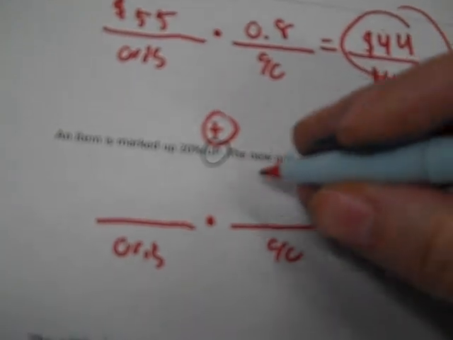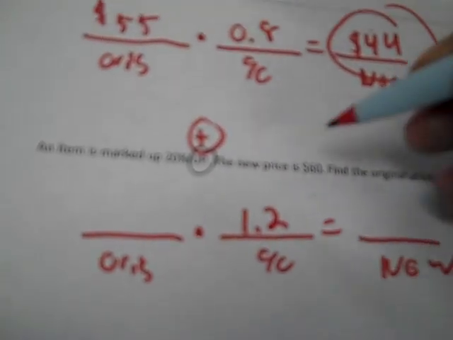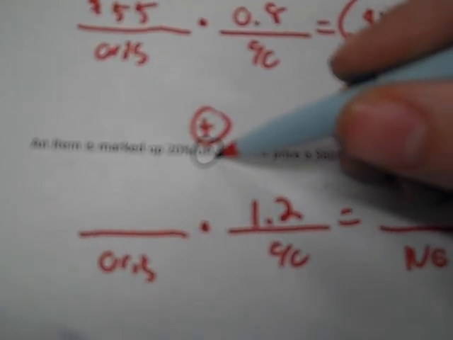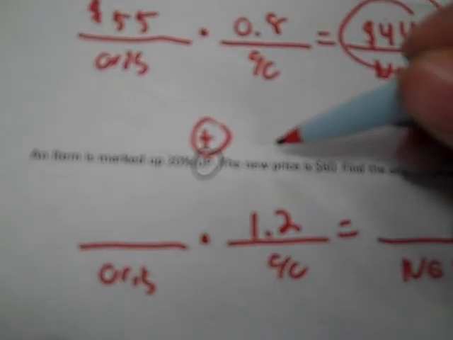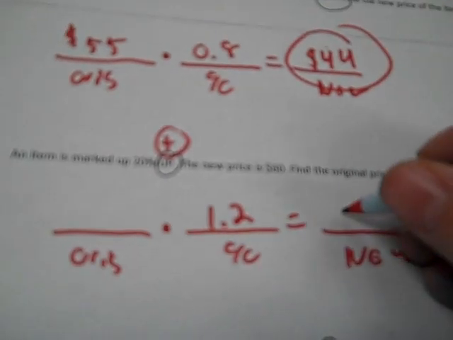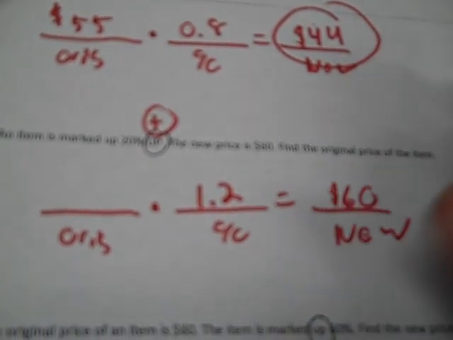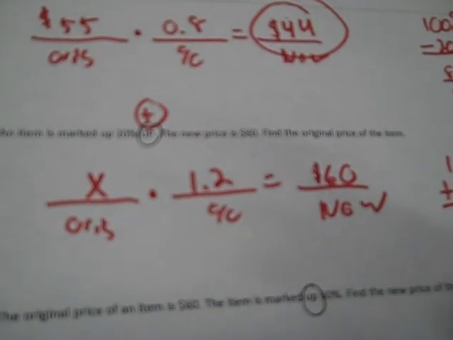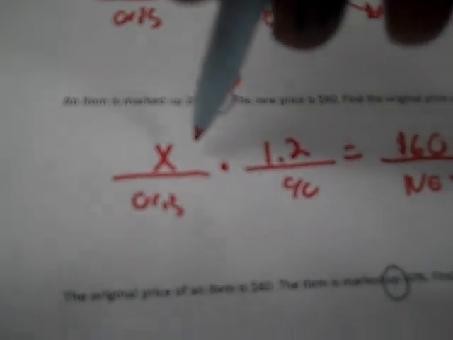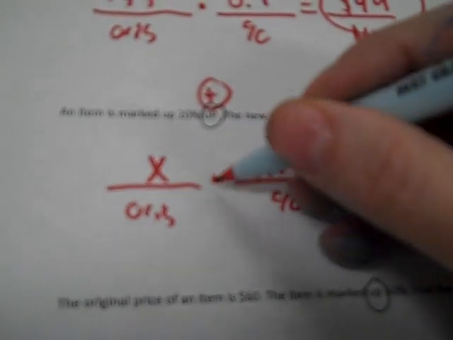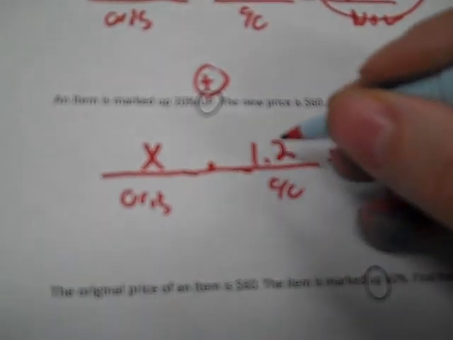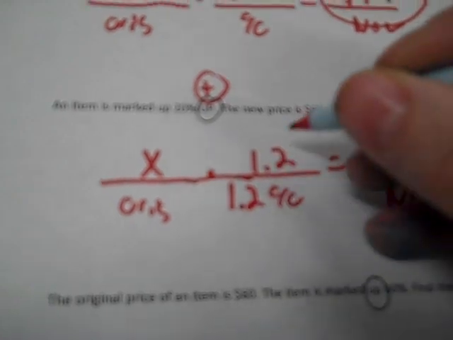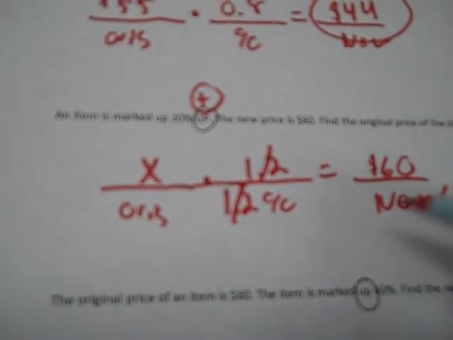So 1.2. Now read the sentence with the 60. From here's a period, here's a period. The new price is 60, so $60 is the new, and I'm finding the original. I can't multiply here because that factor is not known. So I connect the lines, and I divide both sides by 1.2 because that cancels and x is now by itself.